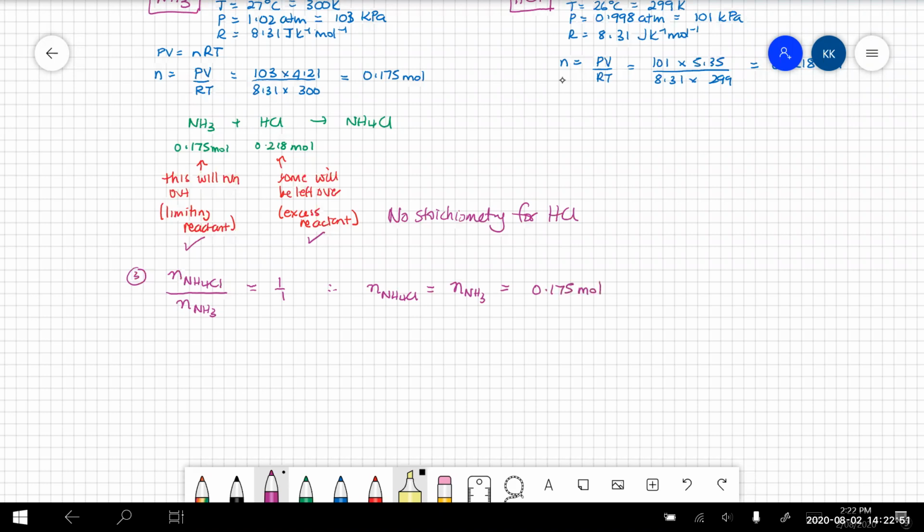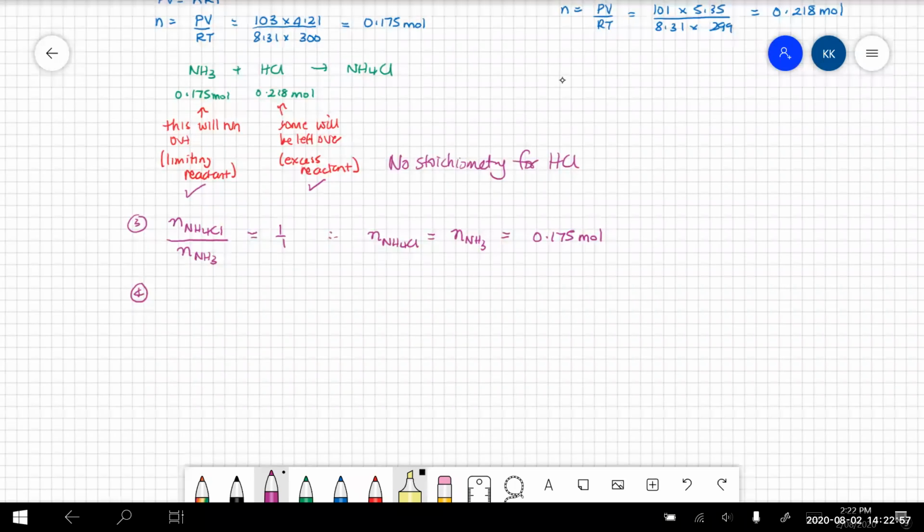But that's not the end of it. We still have to convert to the required quantity. I know you're thinking, do you have enough time in an exam to complete one of these questions? If you practice a lot, you'll get fast at them. Mass is equal to moles times by molar mass. Moles is 0.175.